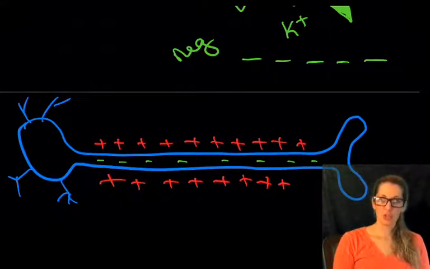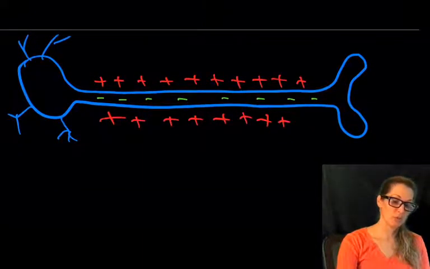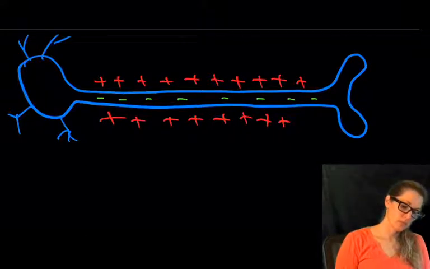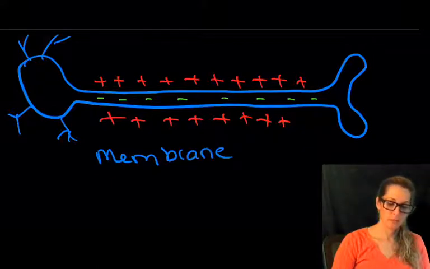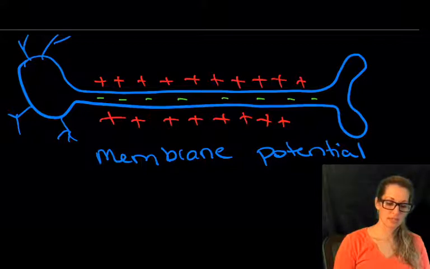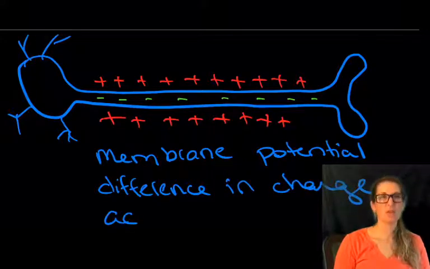this difference in charge across a membrane is called membrane potential. So this is the difference in charge across a membrane.